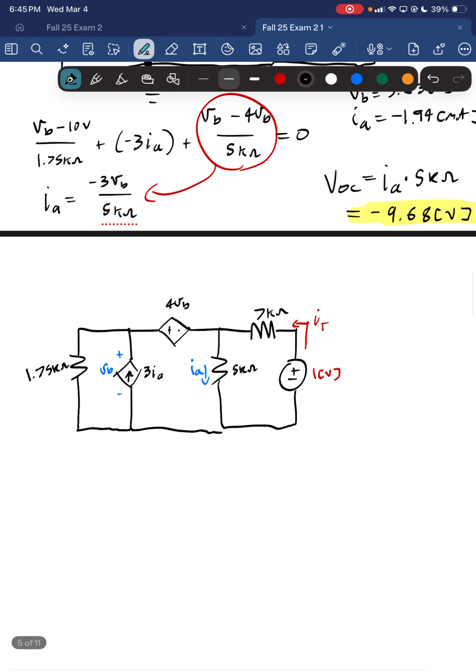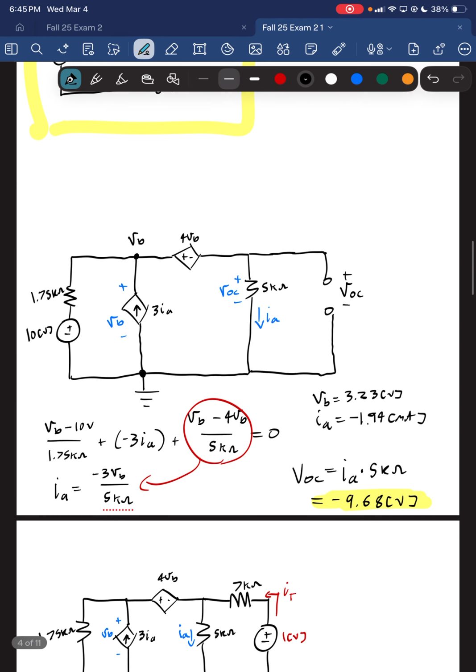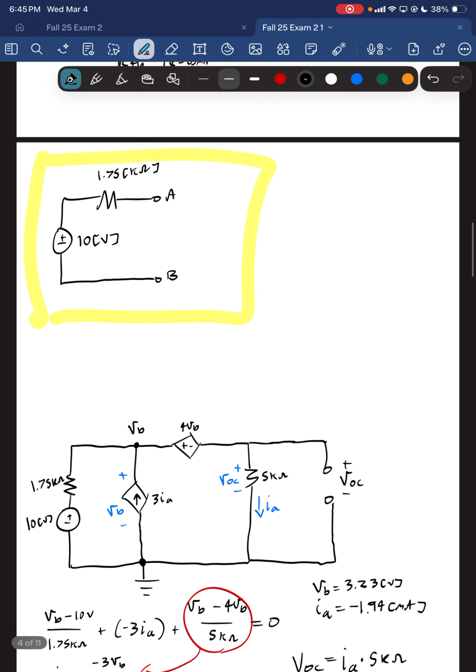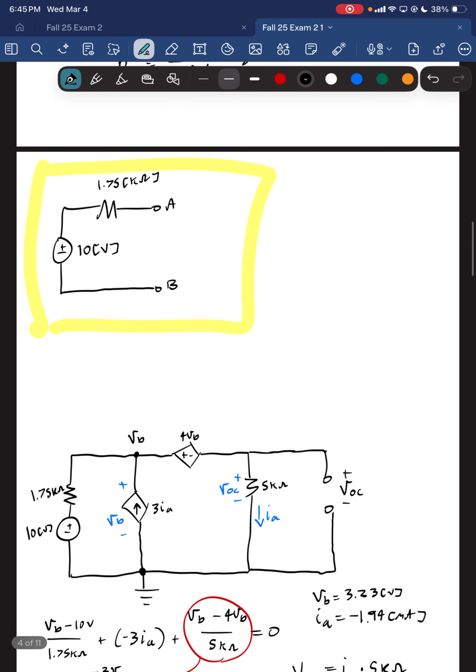So, let's use the node voltage method again. Good with that? The 1.75, doesn't it just short as well? Because you've got 2 terminals on top, that A and B. No, the voltage source is going to get shorted out. I know, but you have your A on the top and B, 2 terminals for the device. Yeah. And they're open.